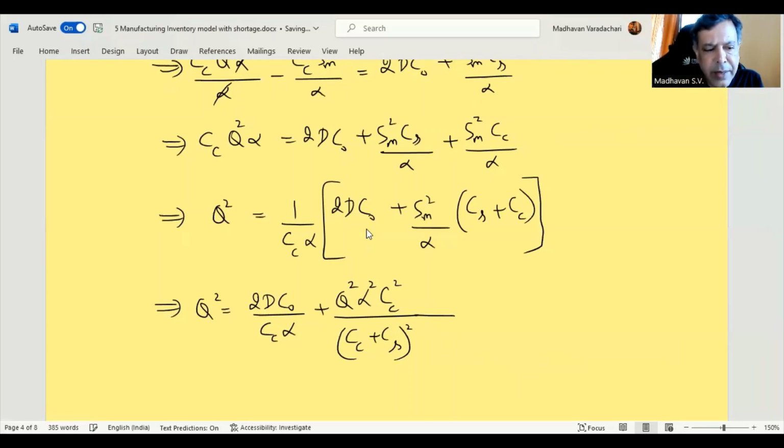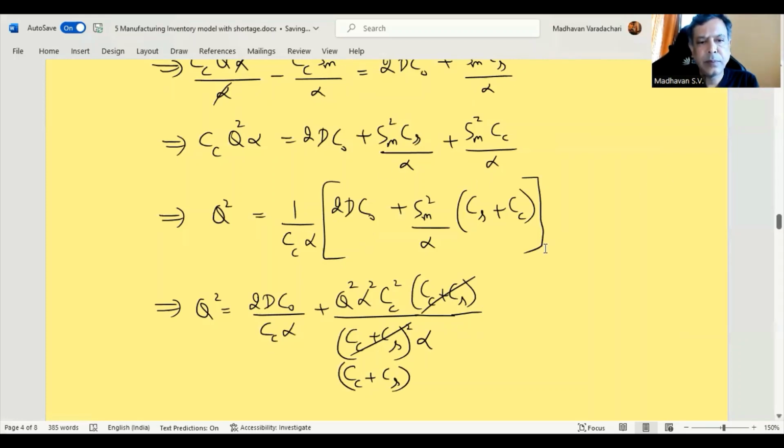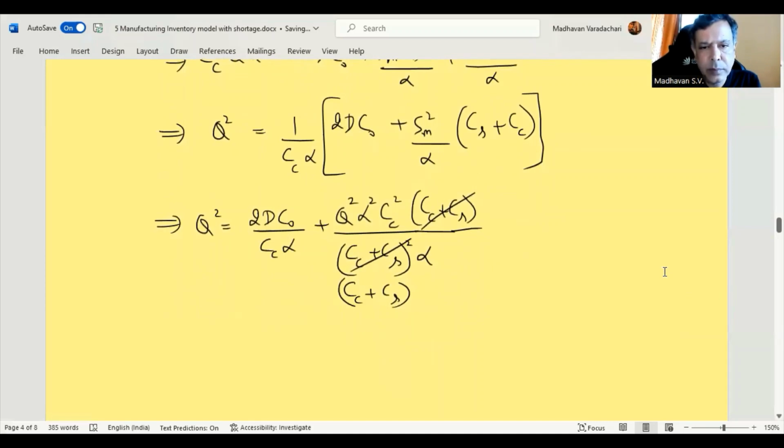There is an alpha in the denominator. We will write that also. And then here we have Cc plus Cs. So one term gets cancelled. In the denominator, you will have now Cc plus Cs. Now this term has got now Q square. We will take it to the right hand side. Now one more thing we can do is one alpha will go.